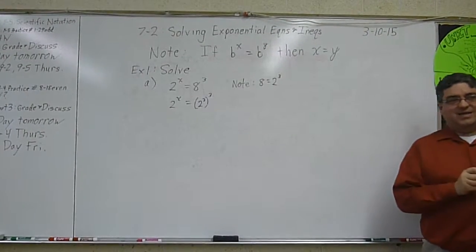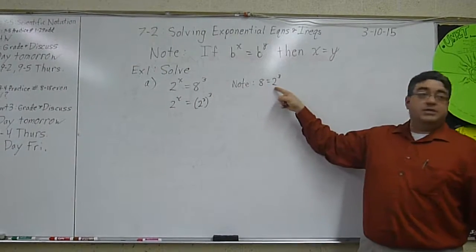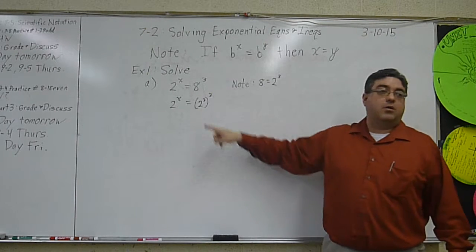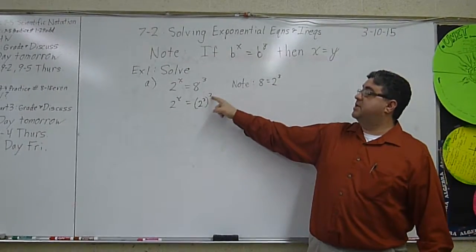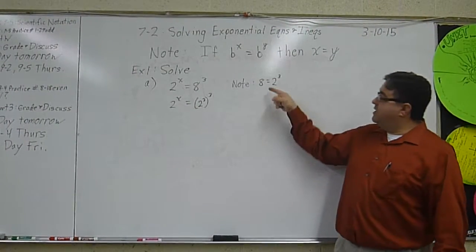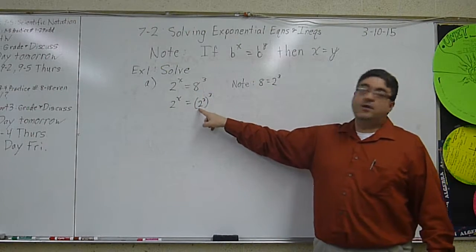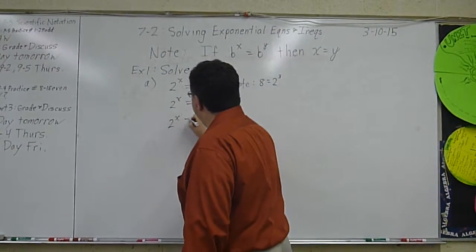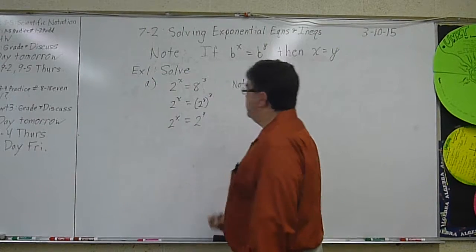Does everybody see how I did that? 8 is 2 to the third power, so I just substituted 2 to the third power for 8. I have to enclose it in parentheses because I've got an exponent and another exponent. Then in my next step, when you raise a power to a power, you multiply the powers, so I get 2 to the 9th.